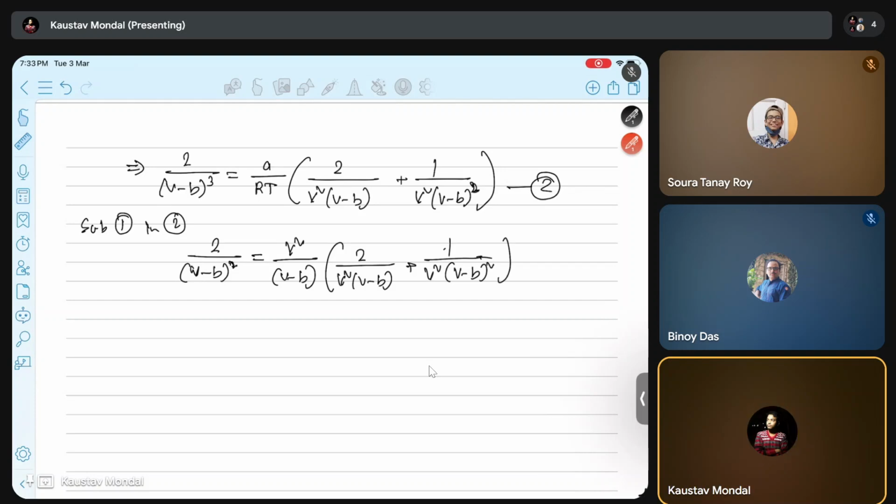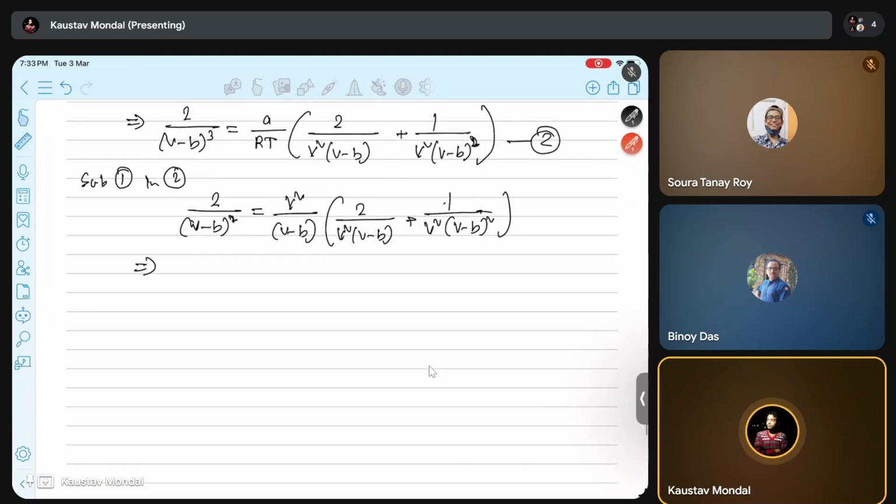Okay, now if we do the algebra, this becomes 2 into V minus b whole square equal to 2 by V into V minus b whole square plus 1 by V minus b whole cube.